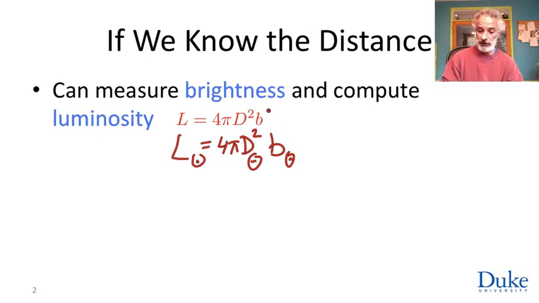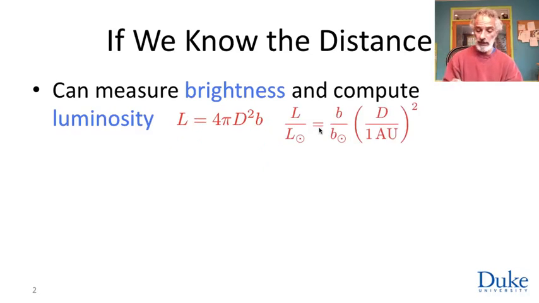I get an expression that says this divided by that is this divided by that, where I have plugged in that the distance of the sun from Earth is 1 astronomical unit, and the sun's brightness is the solar constant. So we have a dimensionless object, the luminosity of the star in units of solar luminosity, written as the product of two others. Whenever possible, we'll write it that way.